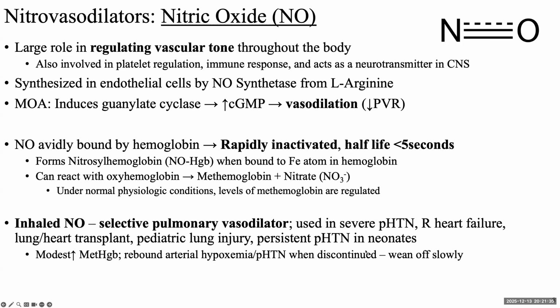With inhaled nitric oxide, you might see a modest increase in methemoglobin. Another thing you might encounter is rebound arterial hypoxemia and rebound pulmonary hypertension when it's discontinued. So the recommendation is to wean off slowly if somebody is on this.